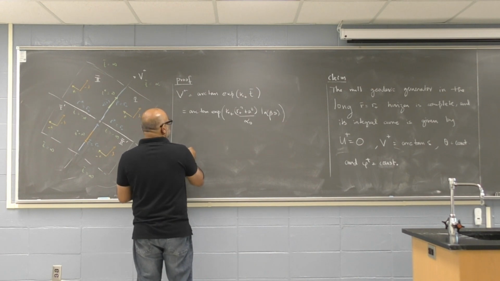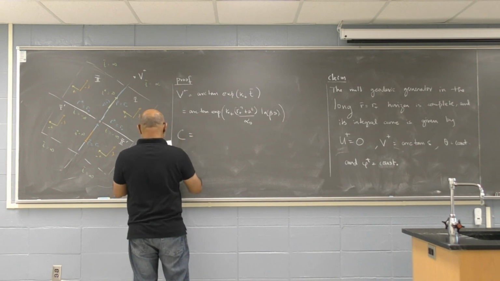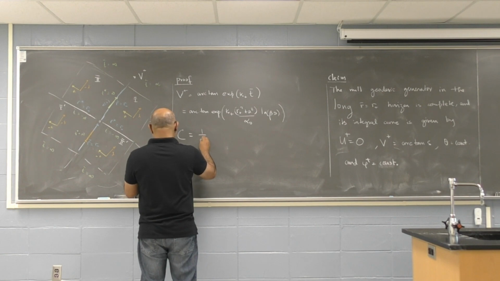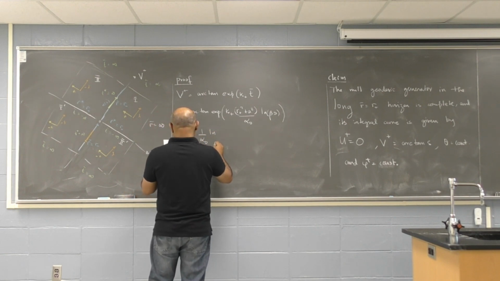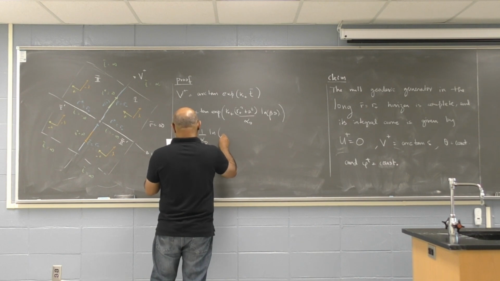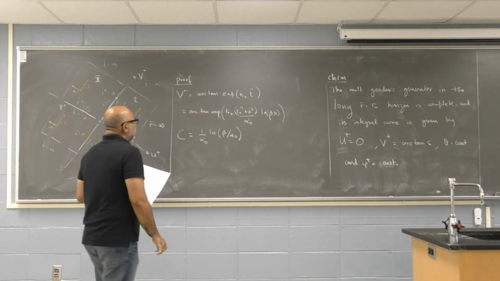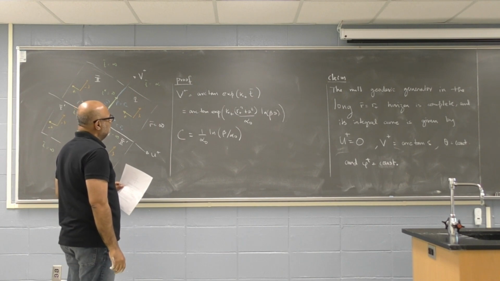beta is defined by C, the big C, is equal to 1 over alpha 0, natural log of beta over alpha 0. Is that clear?